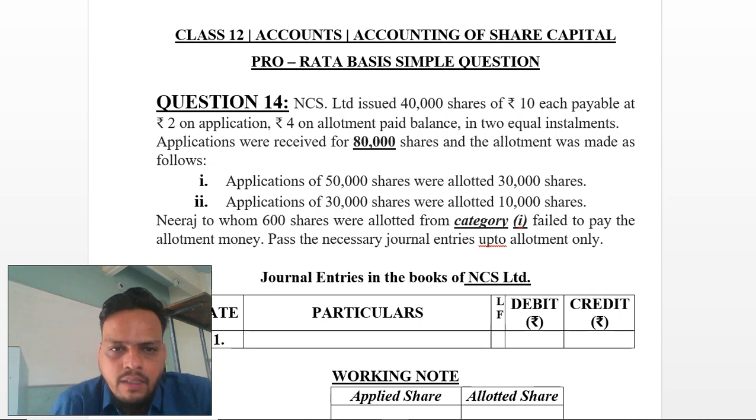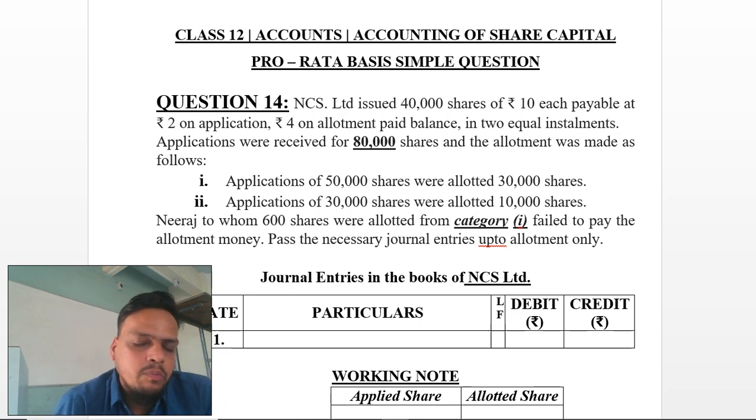Now, what they have done: for the first 50,000 shares applied for subscription, they have allotted only 30,000 shares. Then for the rest, 30,000 shares applied, they were allotted 10,000 shares. In this question, it has been mentioned this way.